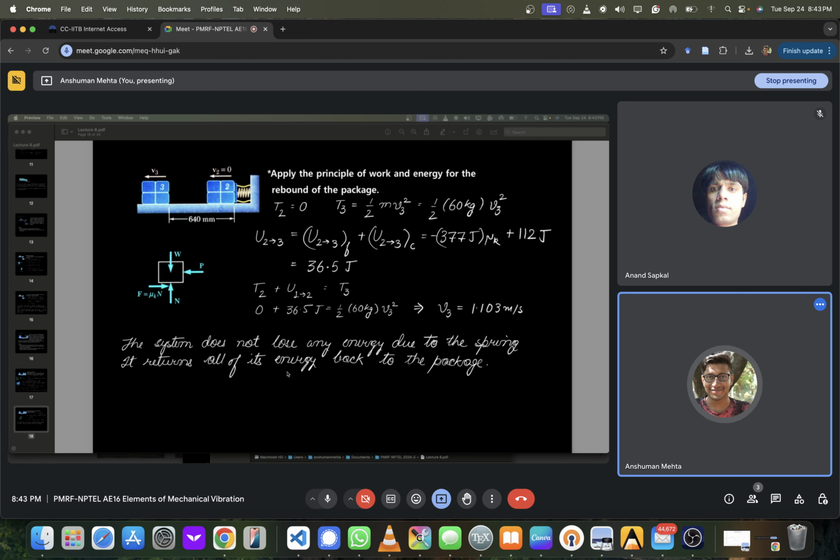Points to be noted are that the system does not lose any energy due to the spring, and it returns all of its energy back to the package.